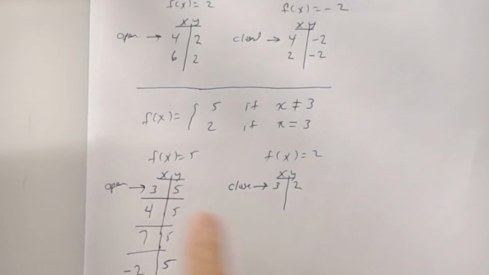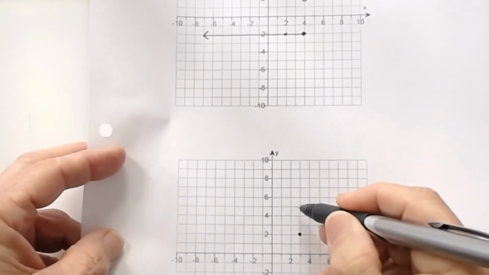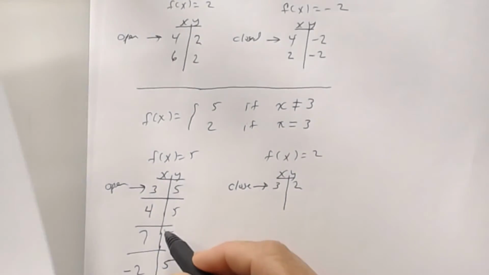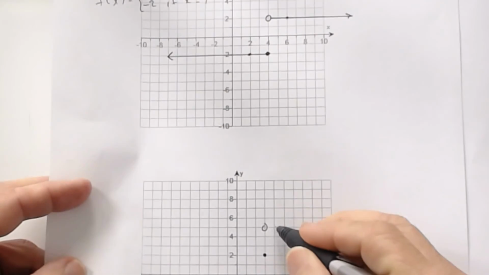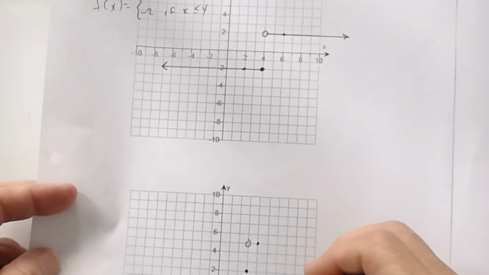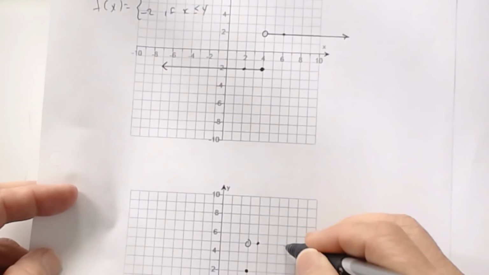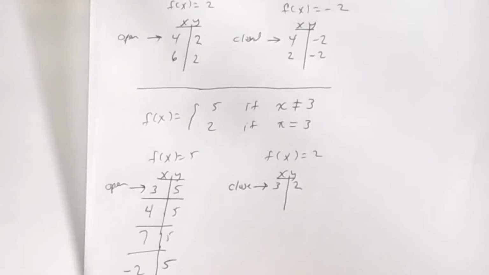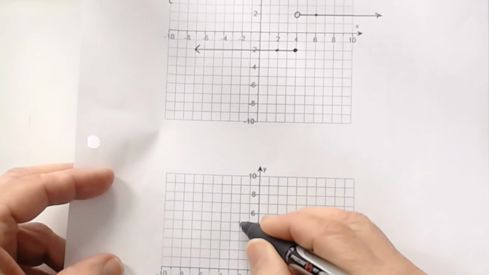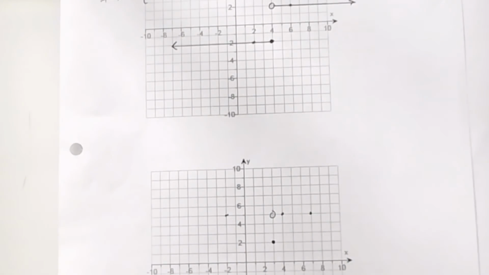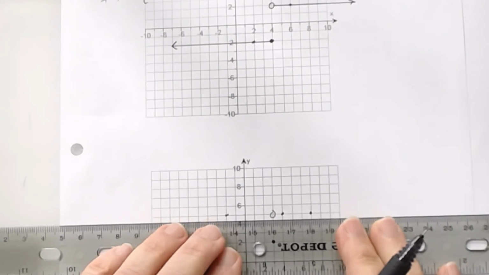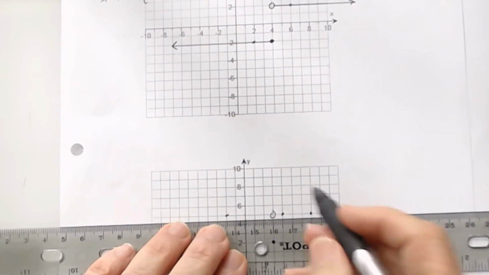So when I put the point (3, 5), I get this open circle right here. I also get the point (4, 5), which is here, closed. I also get the point (7, 5), closed. I also get the point (-2, 5), closed. And what I want you to notice is that this almost looks like a line, except there's an open circle here.